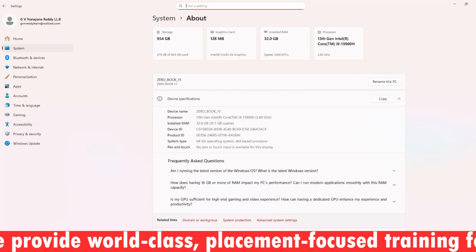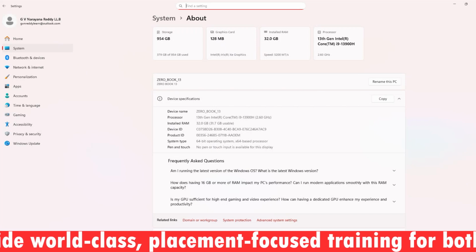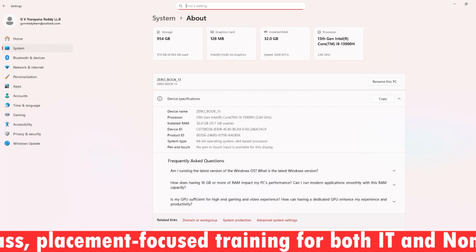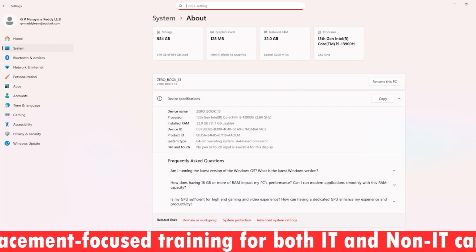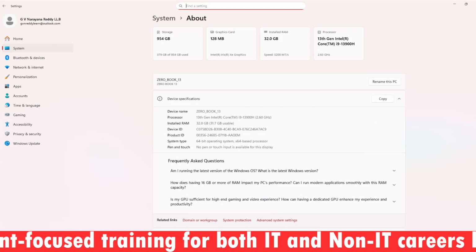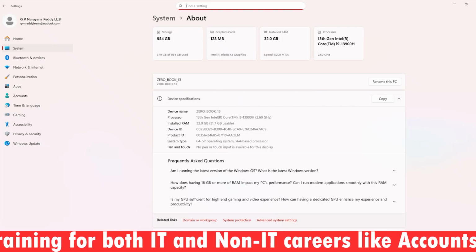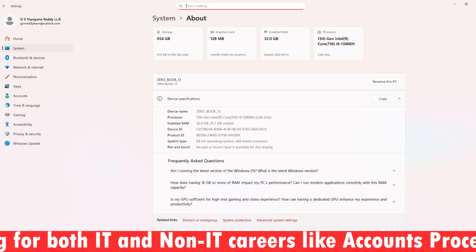For me, I'm having 32 GB RAM. Okay, you can see the speed is 5200 MT per second. And there you can see the processor is an i9 processor, 13th generation.